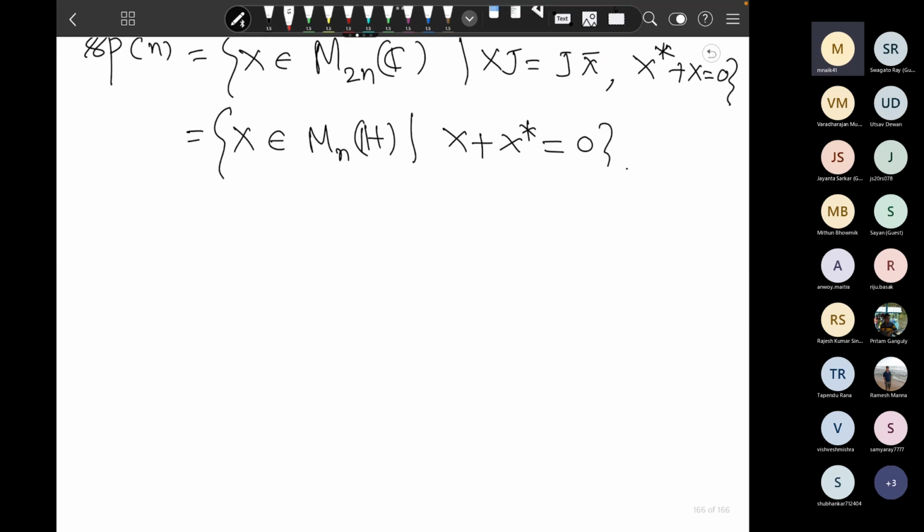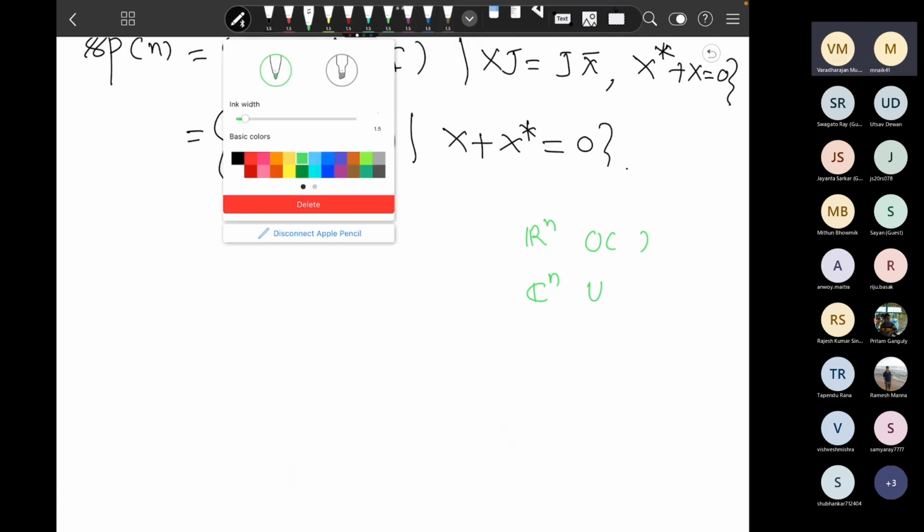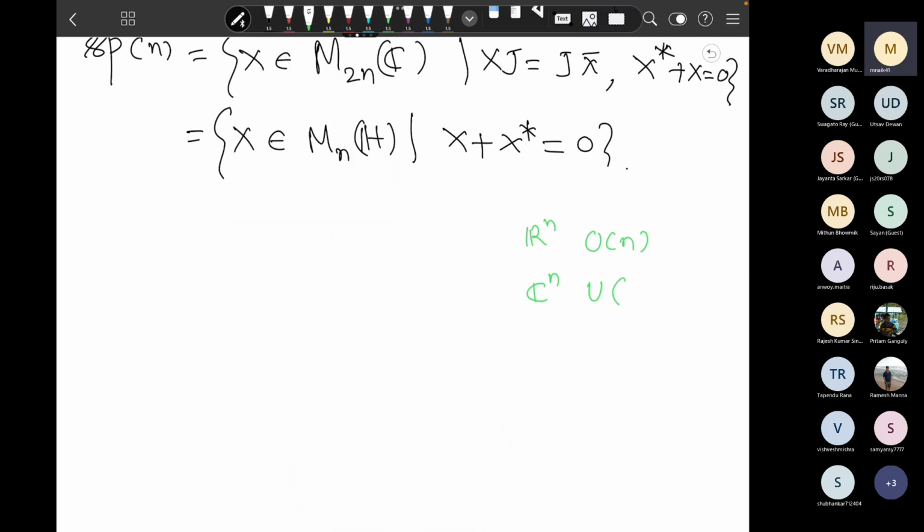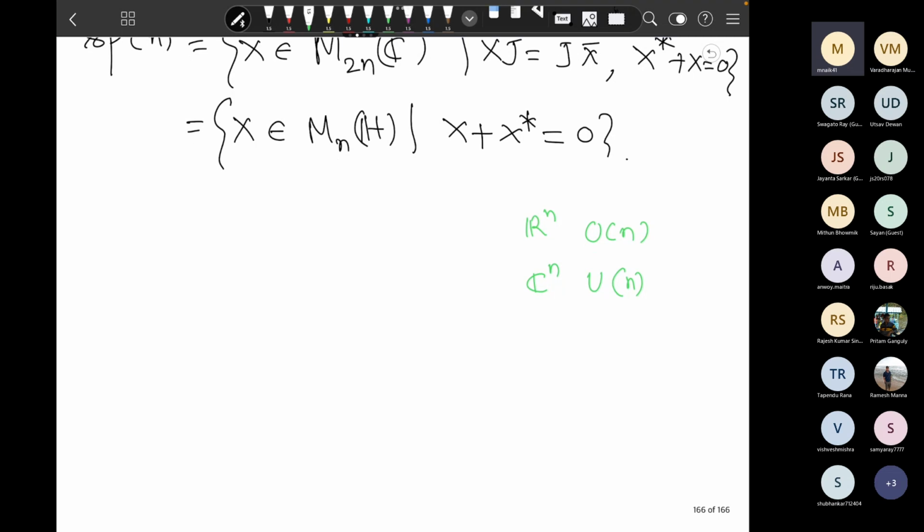Now there is one other thing that you know. On R^n, take the standard inner product, you get O(n), and on C^n you take the inner product and you get U(n). And in the case of H^n, you get this Sp(n).